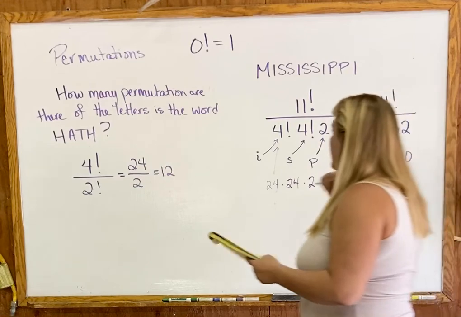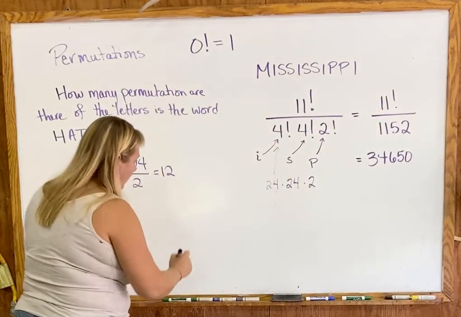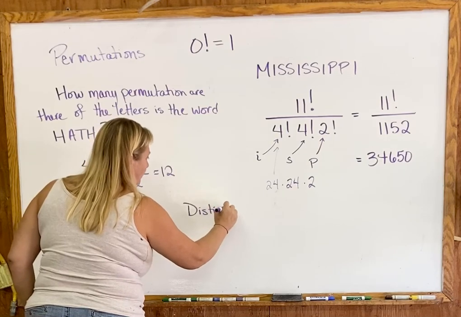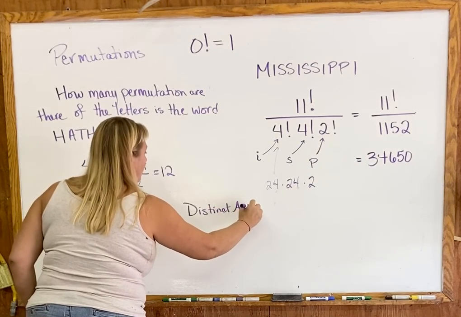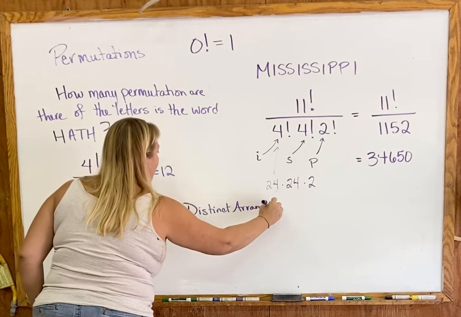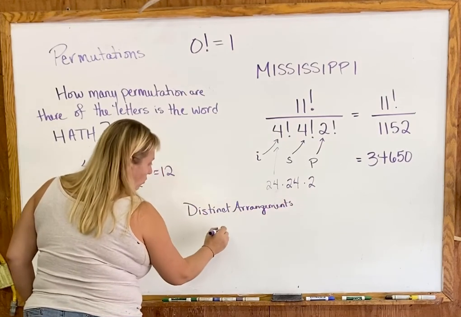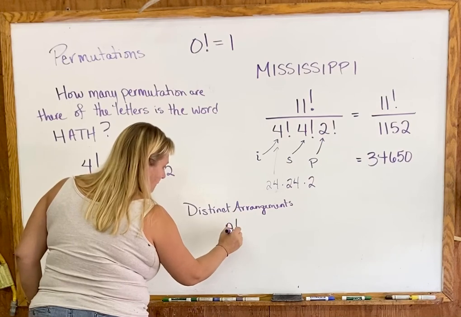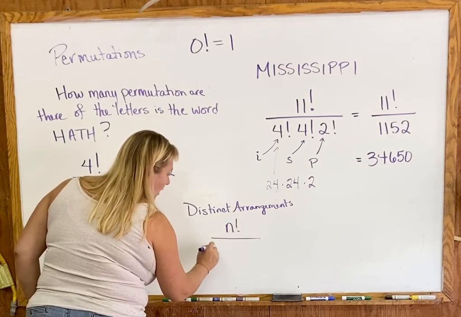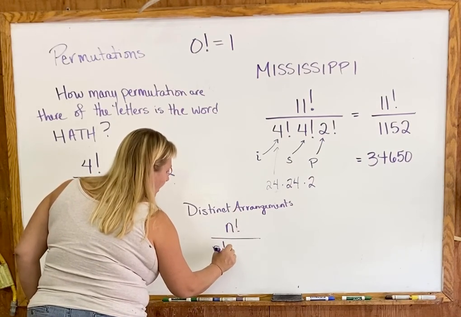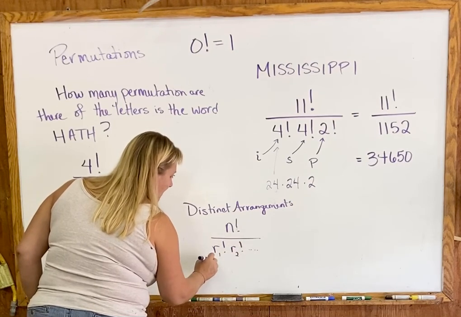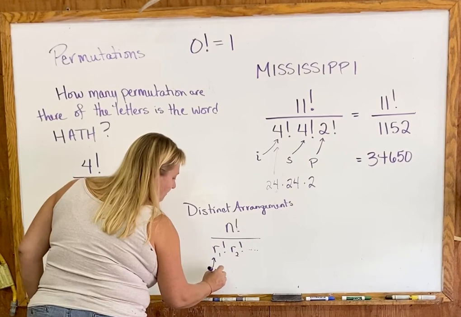So if we want, this has kind of a formula, so we'll say distinct arrangements. Where we're going to take n factorial and we're going to divide by r sub 1 factorial, r sub 2 factorial, and so on, and these are for all of the repeats.